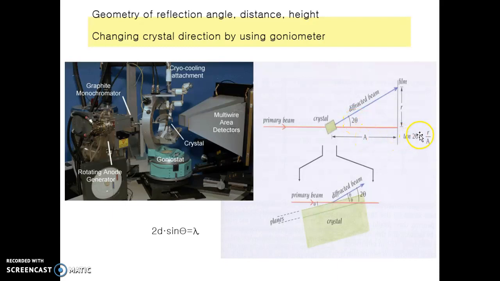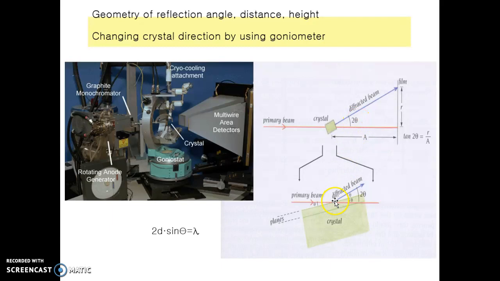Tangent of 2 theta in this case will be R, the height of the spot, over A, the distance from the crystal to the film or detector. Because we know R and A, theta could be figured out.